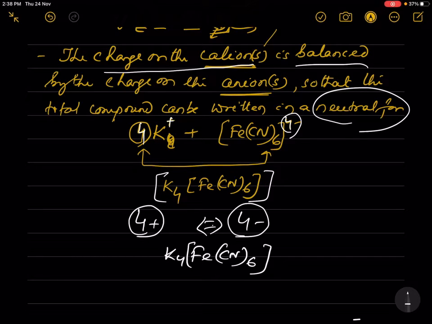Let us do some examples so that it will be easy for us to understand the points written above.